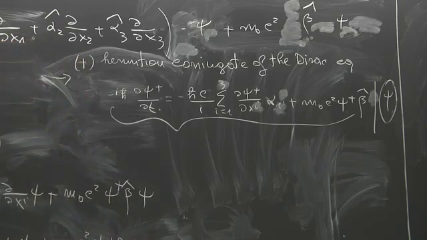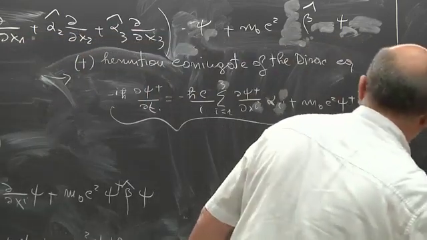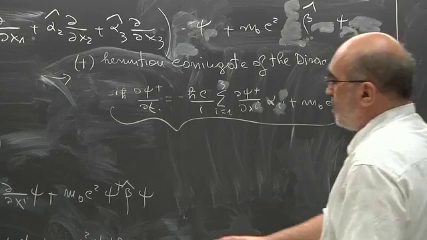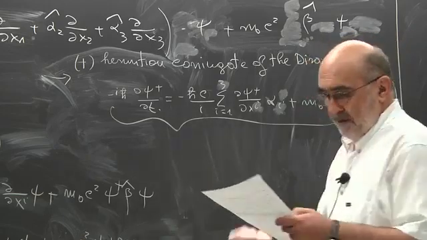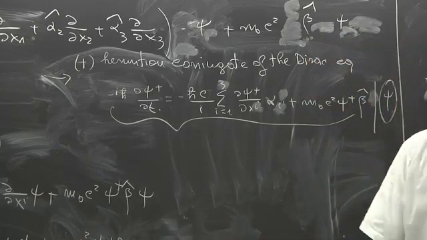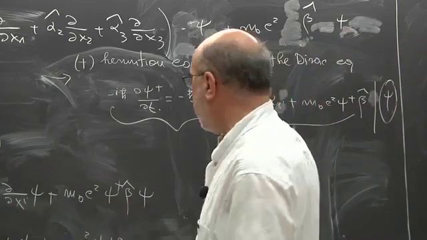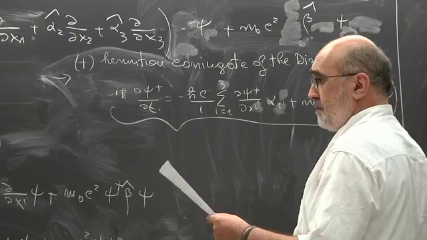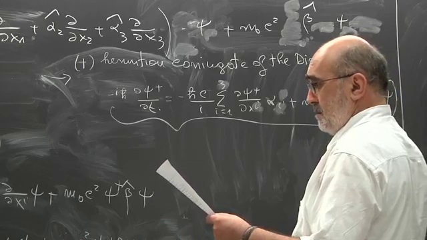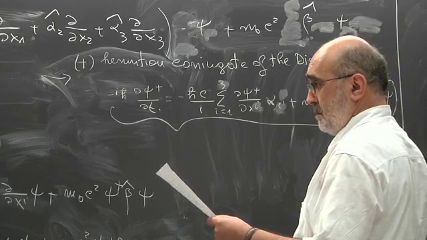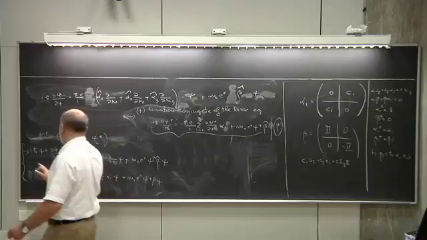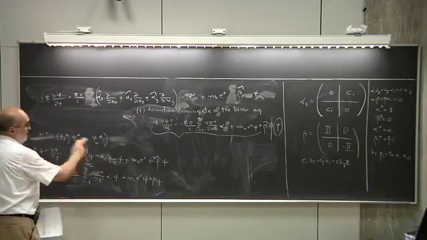Now let's subtract. So I have these two equations. Now let's subtract the second one from the first one. If we do, so let's subtract this from this, and we get the following things. Remember, alpha and alpha are the same, and if you subtract, I subtract the second one from the first one.